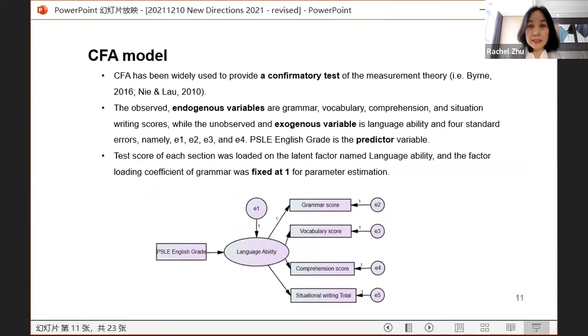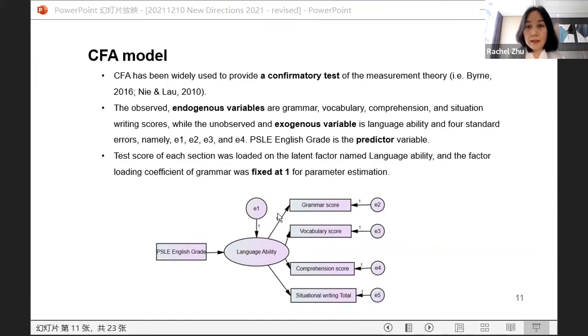And here is the CFA model. As we can see from the figure, the endogenous variables and the exogenous variables are located in their own specific areas. And the PSLE English score is used as the predictor variable.